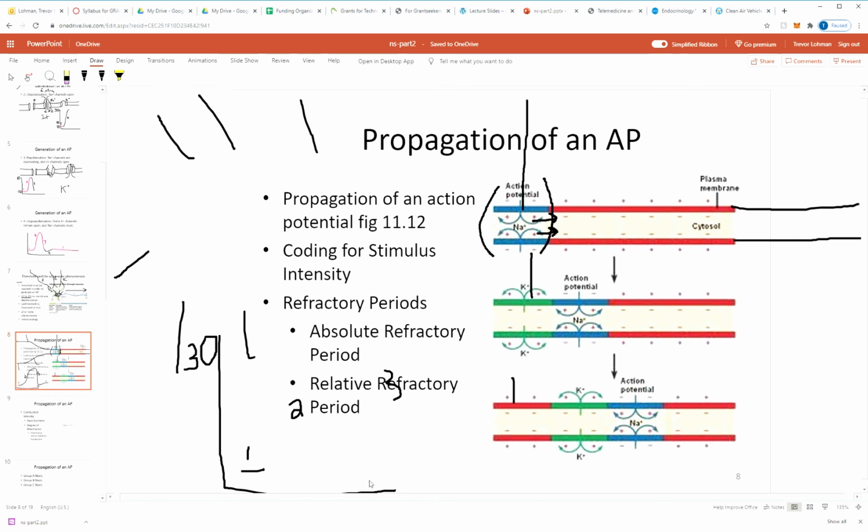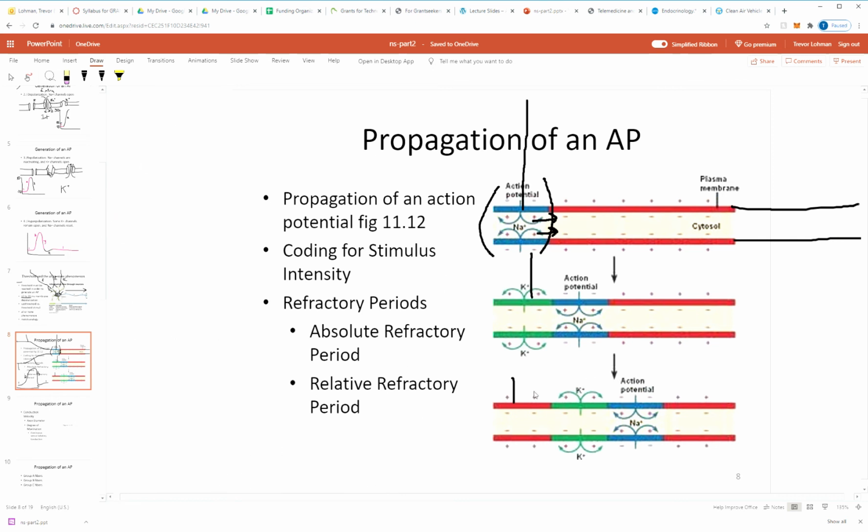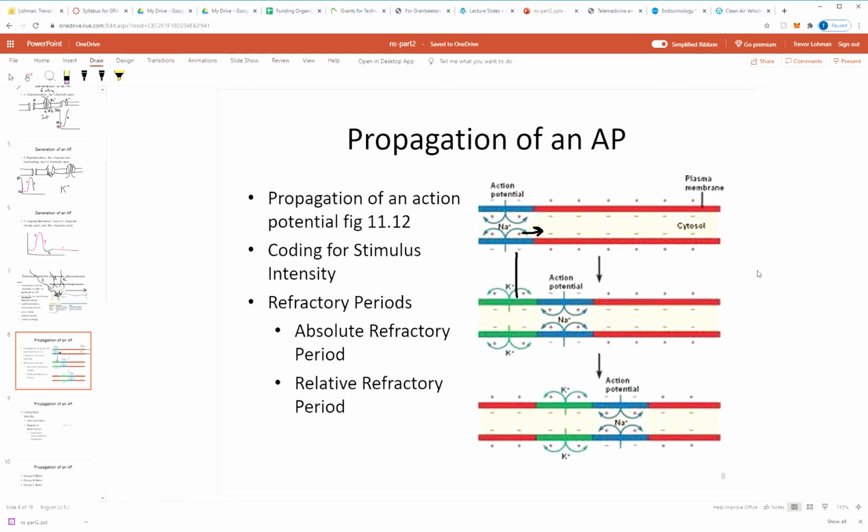But in reality, an action potential is a fluid thing. It spreads. And it spreads down the cell membrane, down the axon, by triggering the next patch of membrane to open its voltage-gated sodium channels. Now, that's different from electricity. I mean, this is electrical current because it's charged particles in motion, so it is technically electrical current.